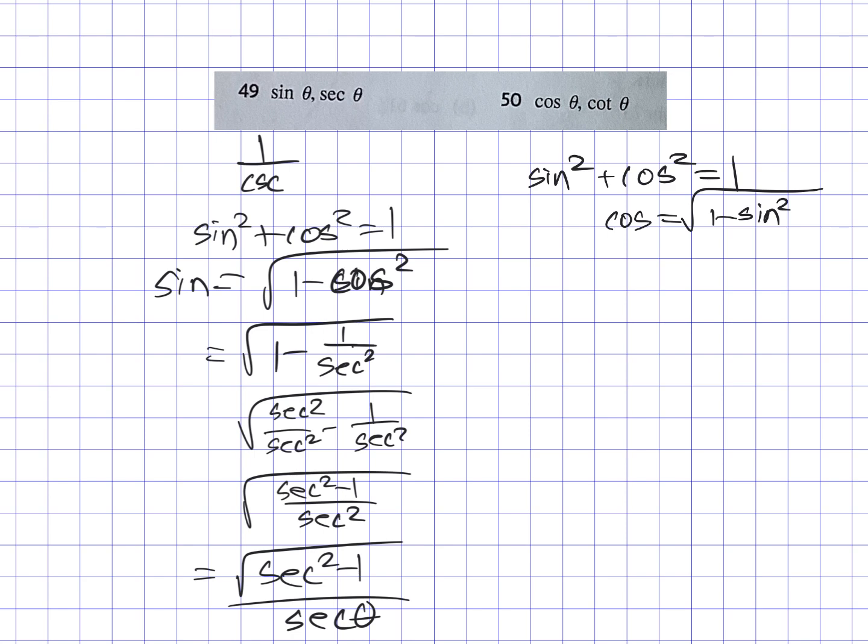And the cosecant squared is equal to 1 plus the cotangent squared identity. So there's where we're going to get our cotangent. So the question is, how do we do this now? So cosine equals 1 minus, instead of saying sine squared, we're going to do the identity, which is 1 over cosecant squared.